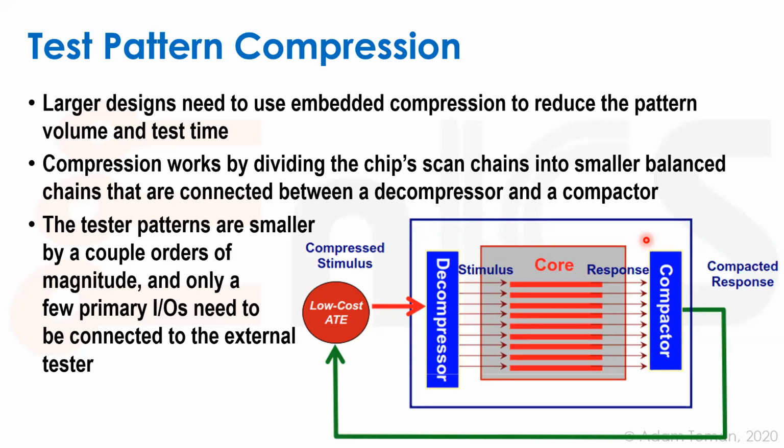So nowadays, usually you have this compactor and this decompressor, which help you reduce the number of scan chains, the number of flip-flops you have in a scan chain, test your circuit faster, or use a less expensive tester to test your circuit, and so forth. So that's really common nowadays.